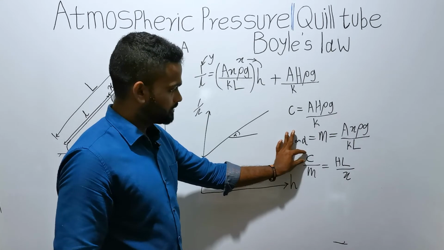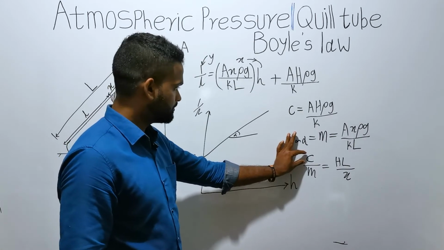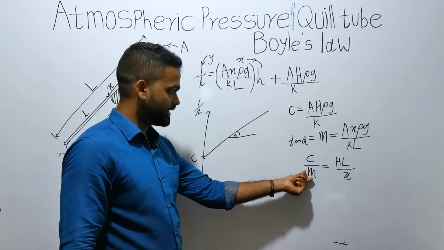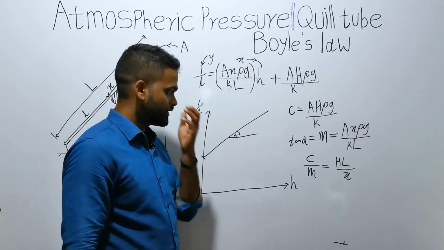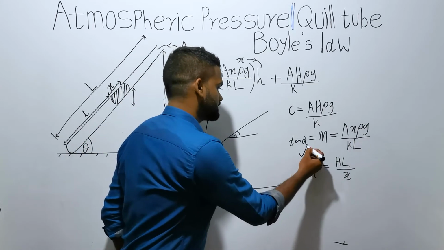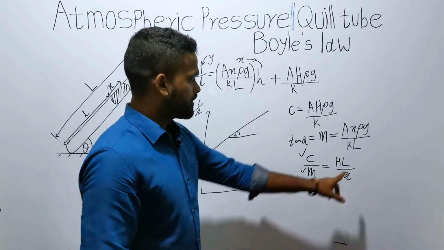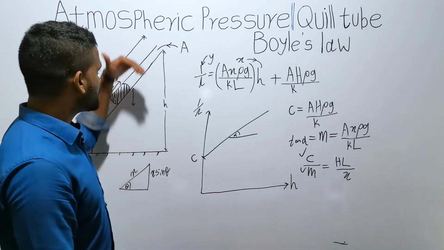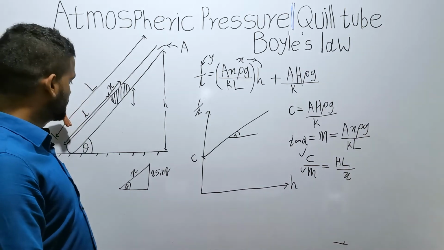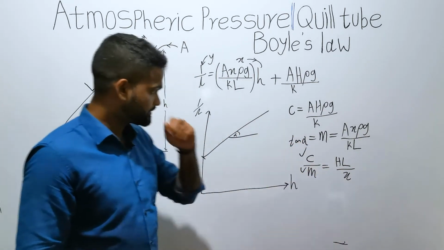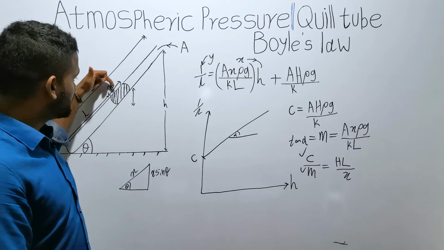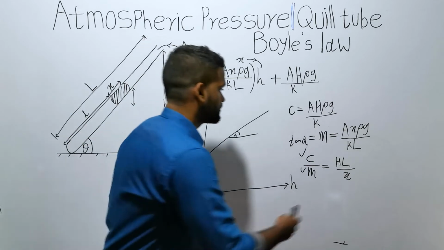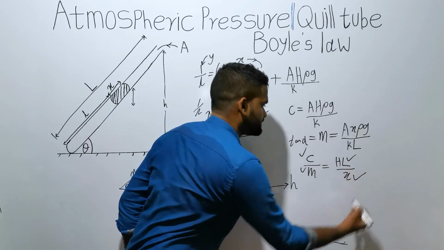So the intercept can be gained by this graph, and gradient also can be gained. So we know these two values. Capital L, that is the length of the quill tube, we can take that measurement. And symbol X, that is the length of mercury column, that also can be measured. So we know these two values as well.